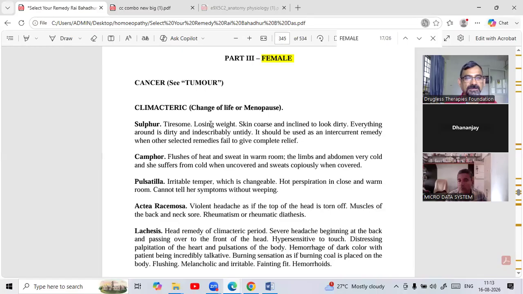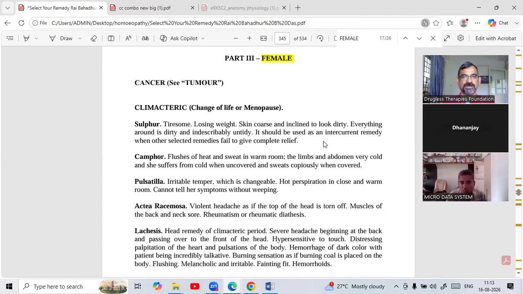See, why we have to use this: mostly all the functional disturbances, all the functional problems, are supported by Sulfur. So Sulfur is the king of Psora. You can think that in this change of life, or menopause, everything is around dirty, indescribable, untidy.